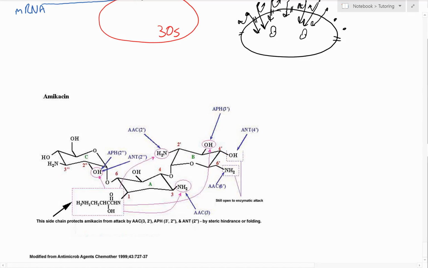And by enzymatically modifying them, you can reduce entry. So again, it can't penetrate in through the membrane. That's the main reason. It can also affect its binding to the ribosomes. It can basically affect its entire function. And so by bacteria encoding enzymes to modify these regions, you get very high level resistance.